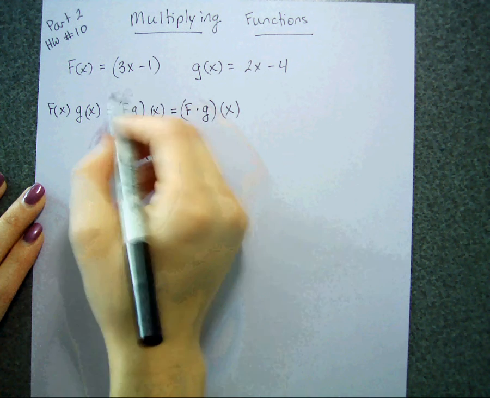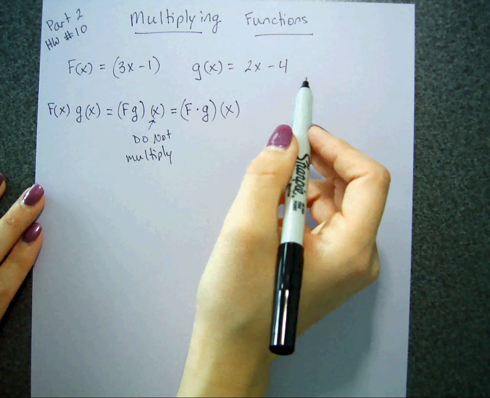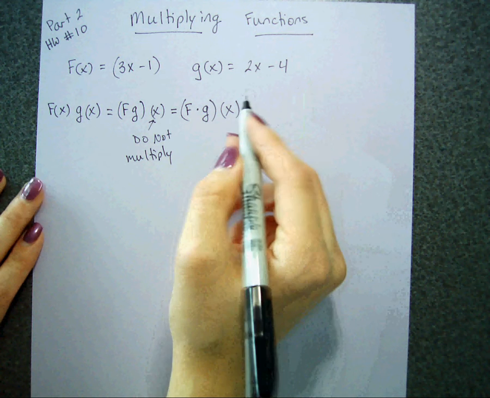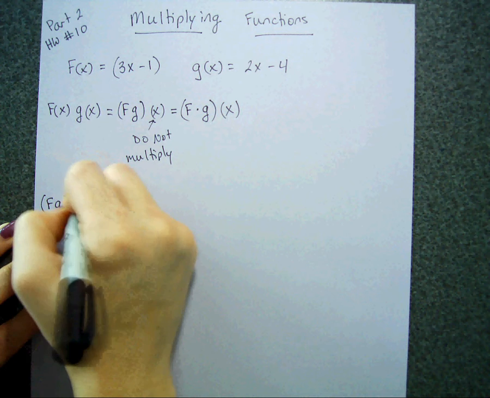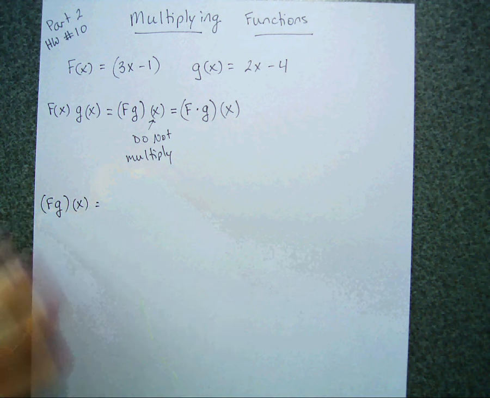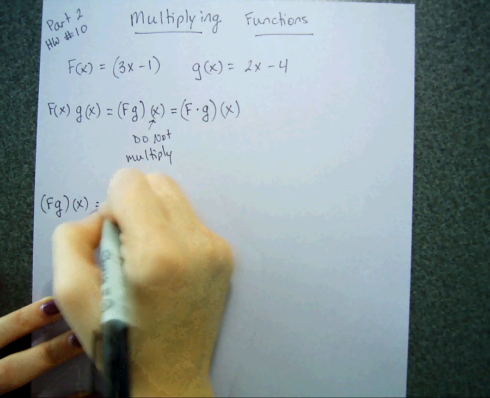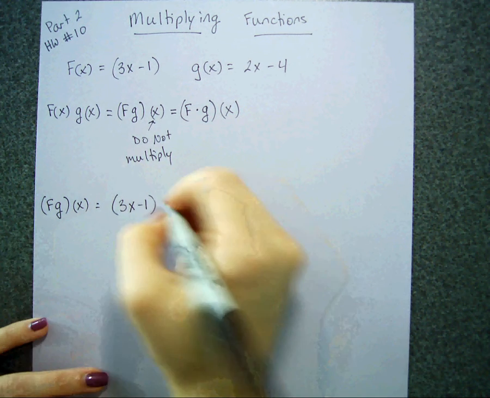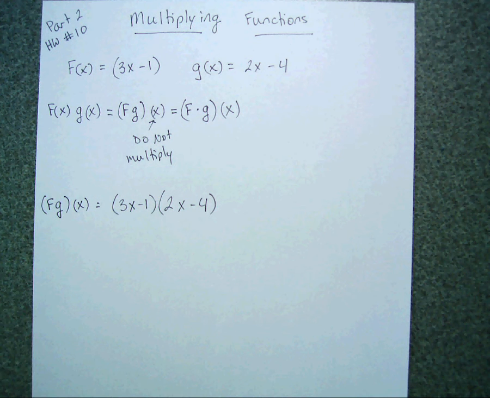So looking at this example, it's something that you've done now several times in any math class that you've taken. So I want to do f times g of x. I'm just simply going to take f, which is 3x minus 1, in parentheses, times g, which is 2x minus 4, in parentheses, and I want to multiply these two together.